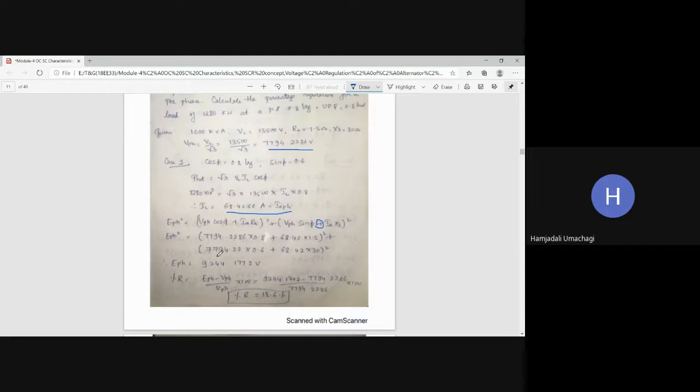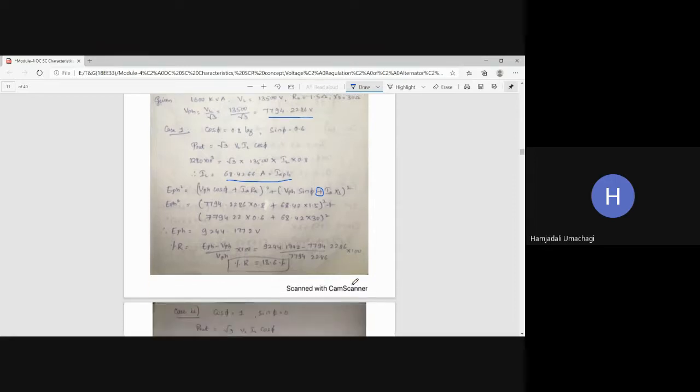Okay, fine. Here EPH is equal to 9,244.1772 volts. So this is the EPH value. Then directly calculate the percentage regulation. Percentage R is equal to EPH minus VPH divided by VPH into 100. So EPH is 9,244.1772 minus VPH, 7,794.2286, divided by the same VPH value, 7794.2286, multiplied with 100 to convert into percentage.